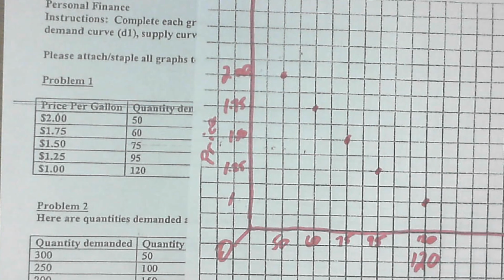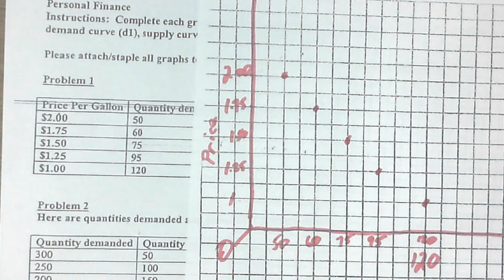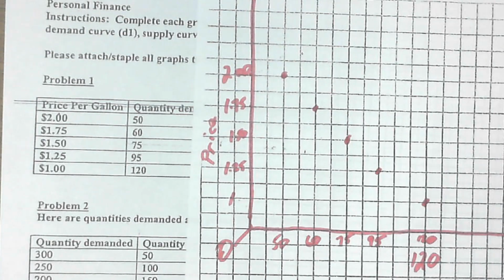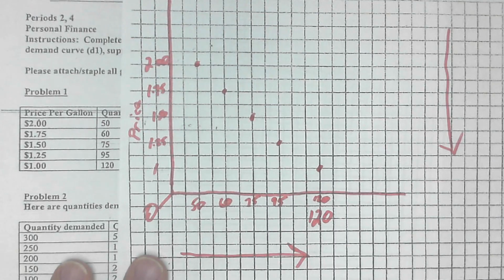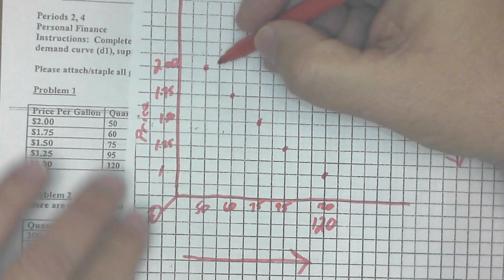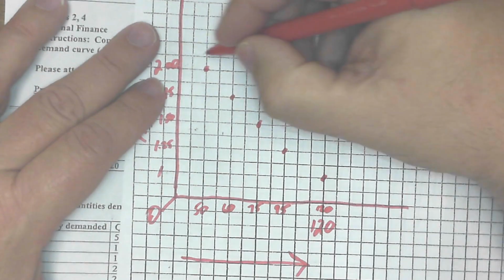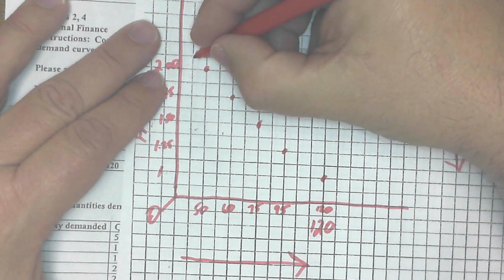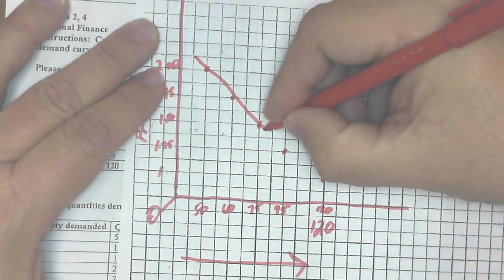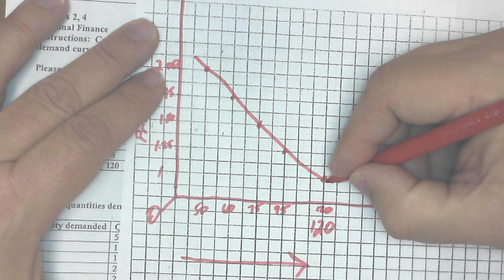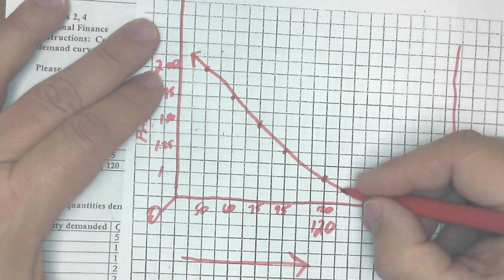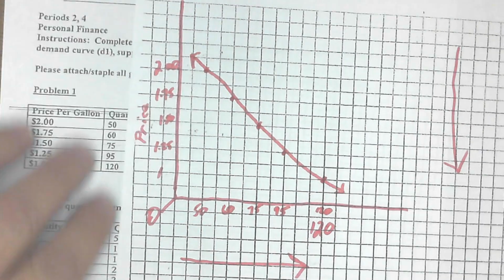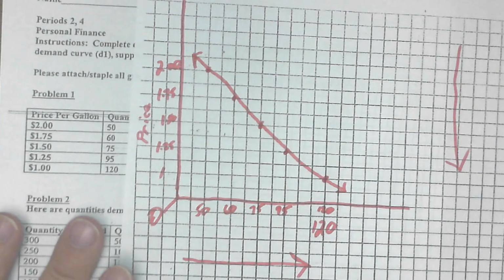Demand's going up, price is going down. So what we're going to do, just draw a line. We can connect the dots. And that's our demand line.